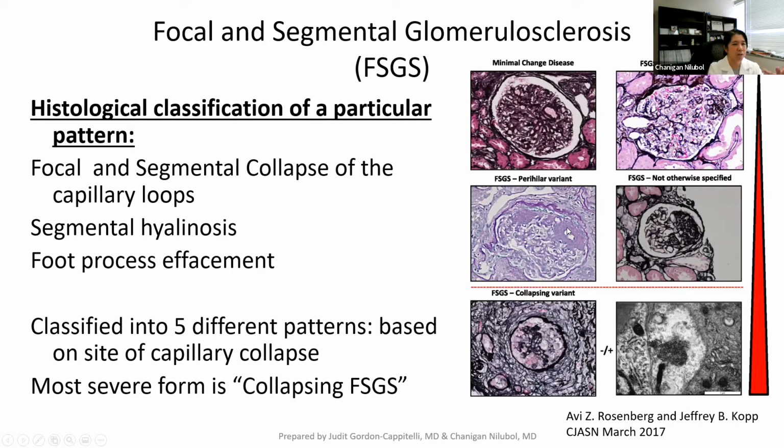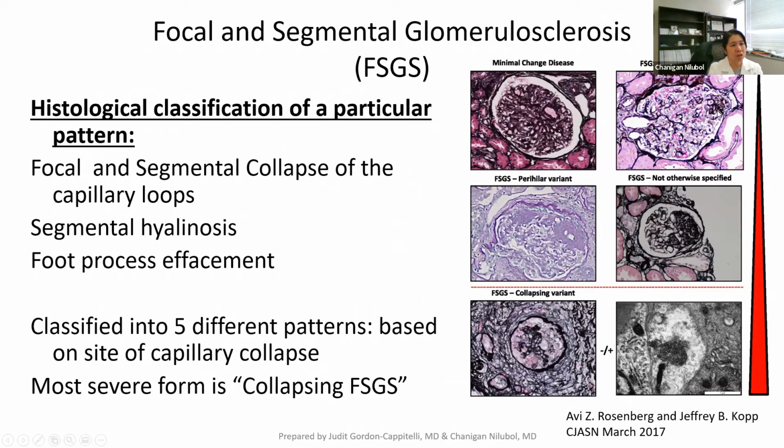This is a silver stain, so you see the black color staining the basement membrane, which should be evenly distributed. But because it's collapsing, this one shows everything crumbled into the center of the glomerulus.